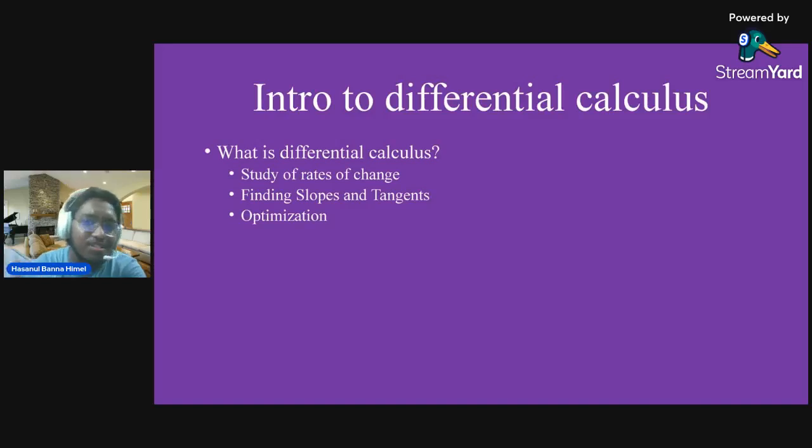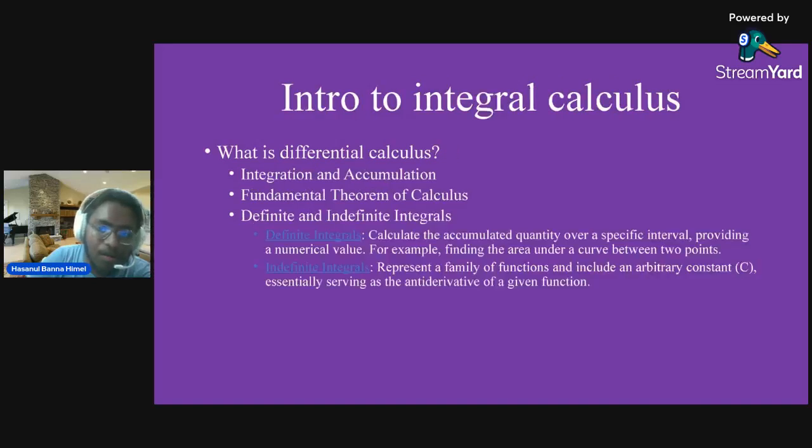Now let's move to our second topic, intro to integral calculus. So what is integral calculus? Simply, integral calculus is totally opposite of differential calculus.